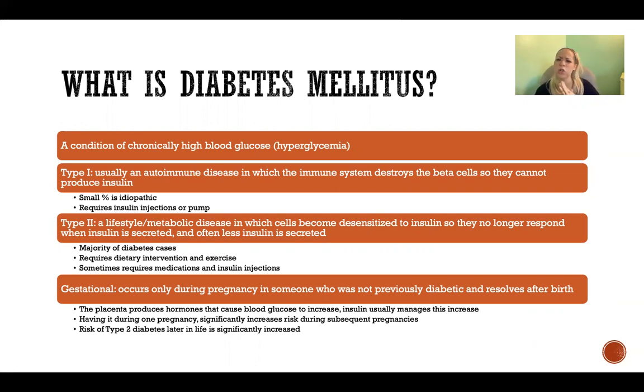I'm trying to remember what physician this was, but a long time ago, when they first were trying to understand type 1 diabetes and what was happening, it was described as a condition of wasting, where the body was melting, and they were described as peeing out their body tissues.